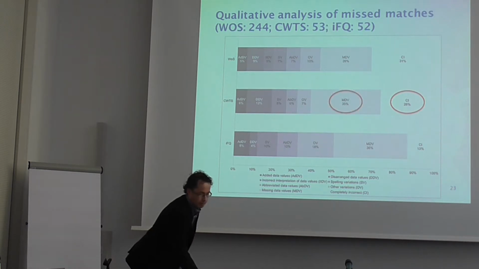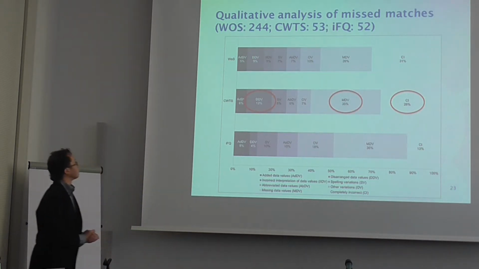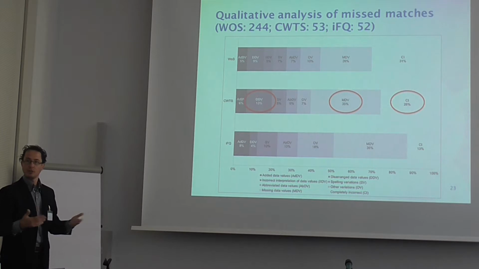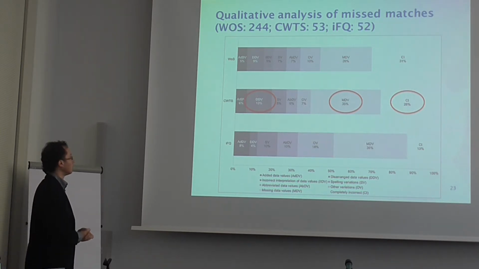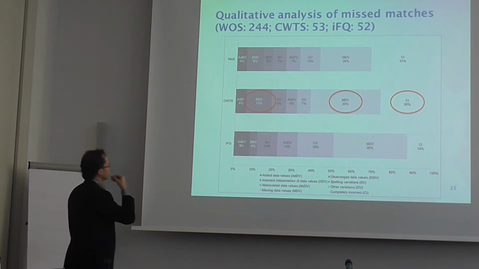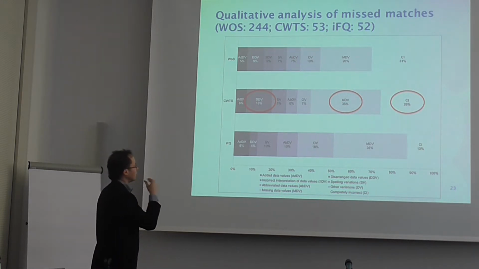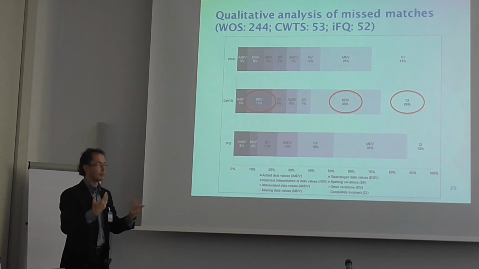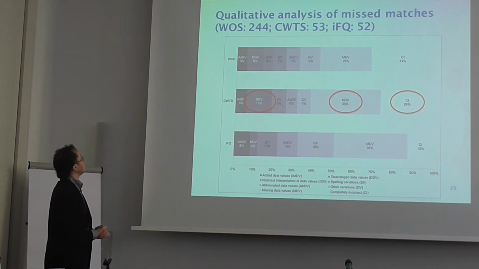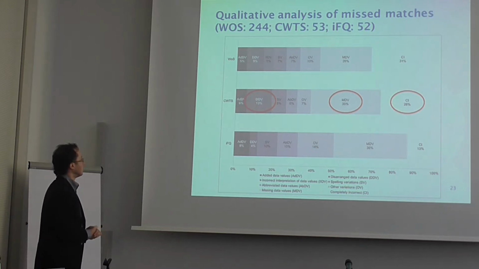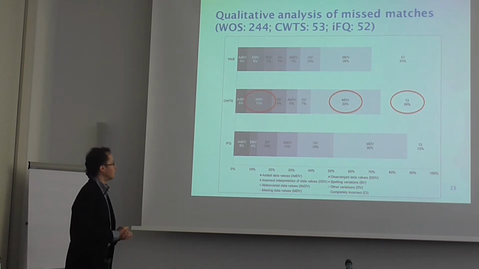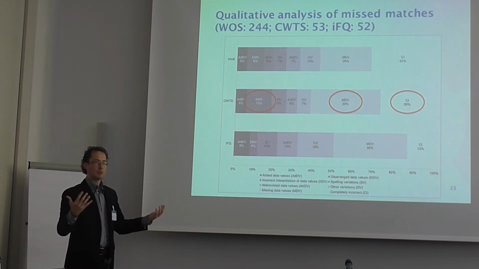Then we have performed a qualitative analysis of the missed citations, because we want to learn from this validation study as well. And then in the case of CWTS, we have identified three main groups of reasons why we have missed matches. First of all, a big group was completely incorrect cited references, so the cited reference data was completely incorrect.